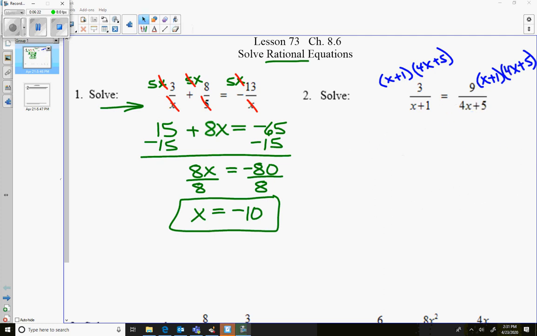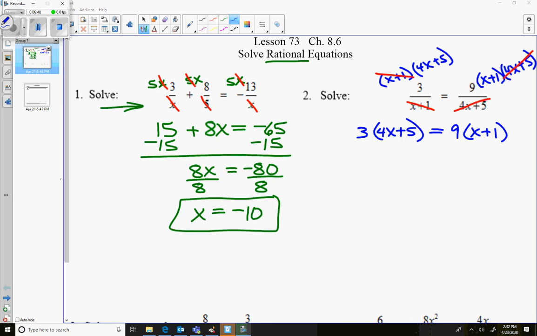Now, when I do that, on this left side, the x plus 1's cancel, and I'm not going to distribute yet, but it leaves me a 3 that's being multiplied by the 4x plus 5 equals. On this side, the 4x plus 5's get canceled, leaving a 9 that's being multiplied by the x plus 1.